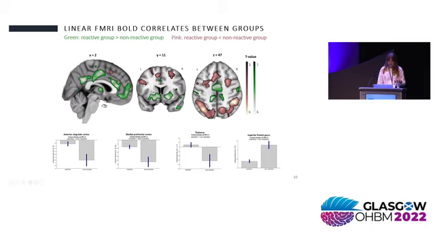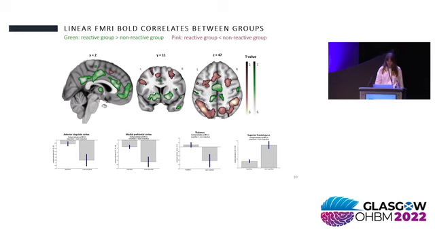And interestingly, the thalamus showed activation positively correlated with pupil size in the reactive group and deactivation in the non-reactive group. Some of the contrast estimates are also visible on the bottom of the slide.